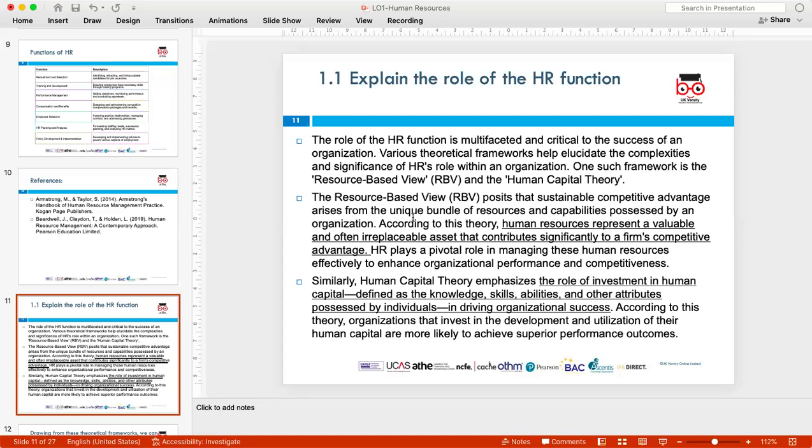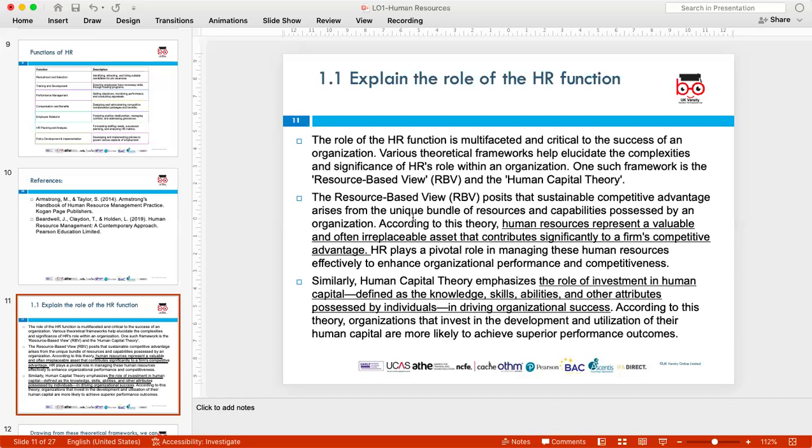Imperfectly imitable. Competitors find it hard to replicate Apple's brand loyalty and design innovation. Fourth is organized. Apple effectively leverages its resources through strong management and strategic organization. So, for a resource to provide a sustainable advantage, according to the resource-based view, it should be valuable, rare, imperfectly imitable, and organized.